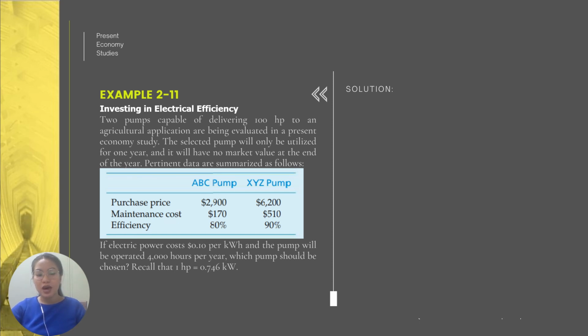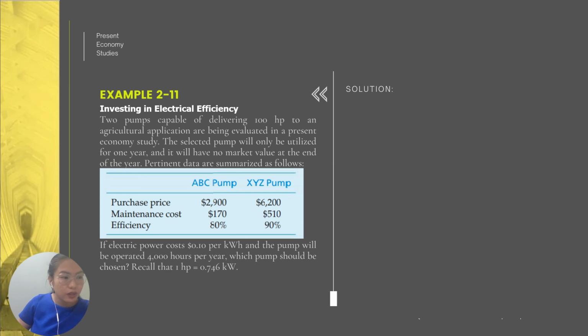We have a conversion factor of 1 horsepower equal to 0.746 kilowatts.